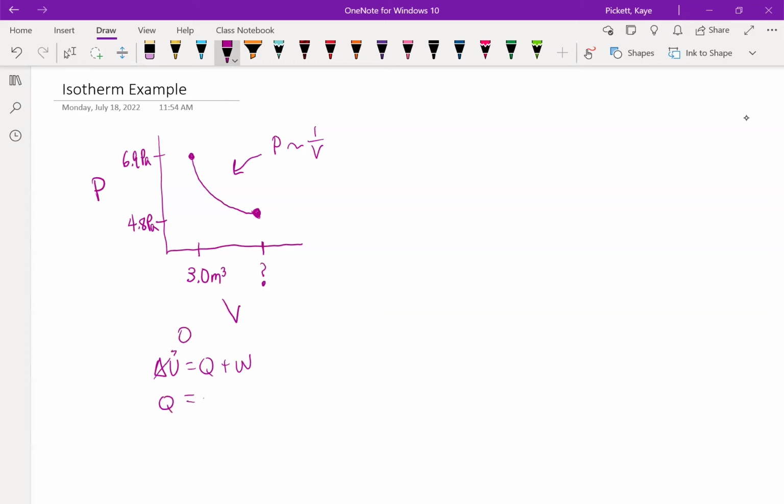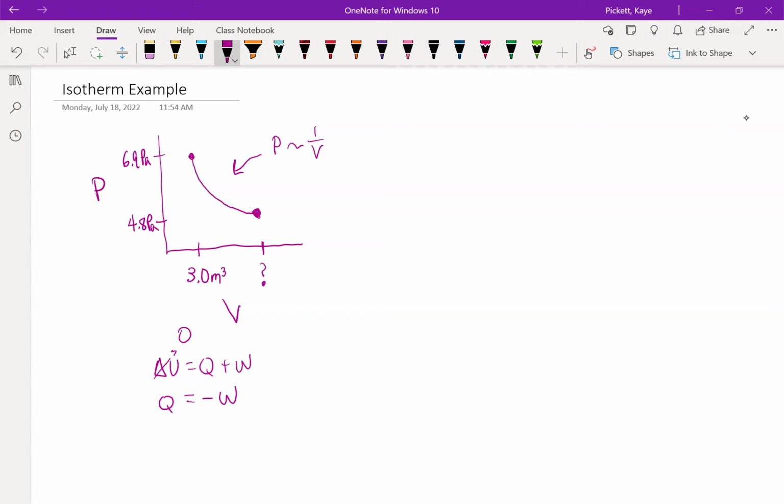So Q is going to be negative W. So if I put work into it on an isotherm, it's immediately going to go to its surroundings and not change the temperature. This usually happens when you've got a very, very slow process. All of the energy goes to the surroundings.